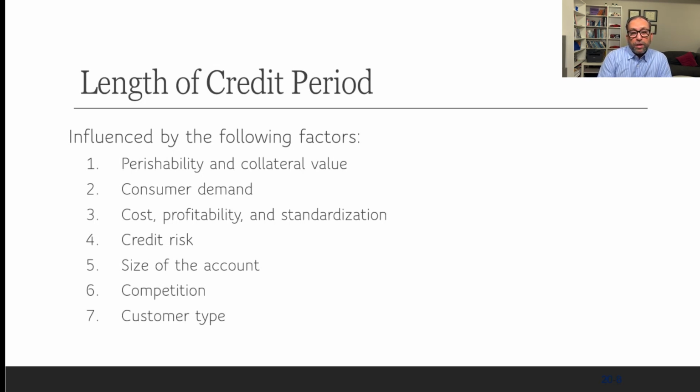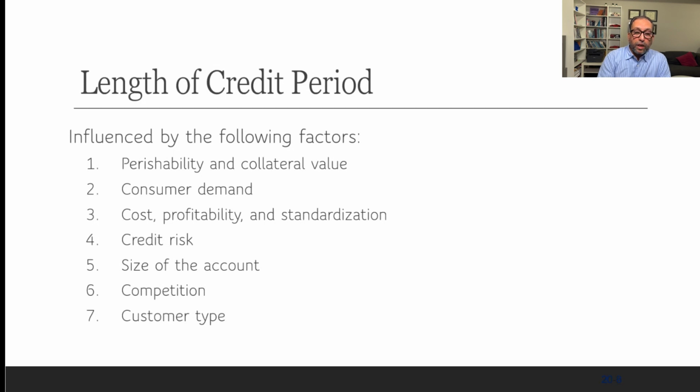Perishable items have a rapid turnover and low collateral value, so credit periods are shorter, for example for fruits and vegetables. You cannot lend them for a longer period, and there is no collateral value either, unlike cars or a house, which is very different.